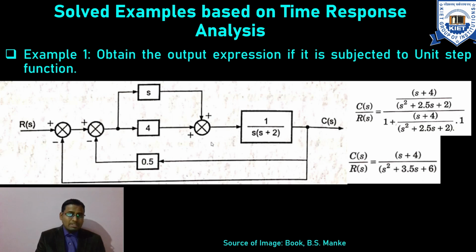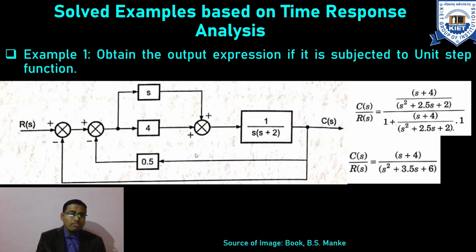That is the basic block diagram in which we have to find the output expression, and also the overall transfer function of the system. At the input stage, if r(t), the input function, is u(t), the unit step function, then its Laplace transform becomes R(s) equals 1 by s.